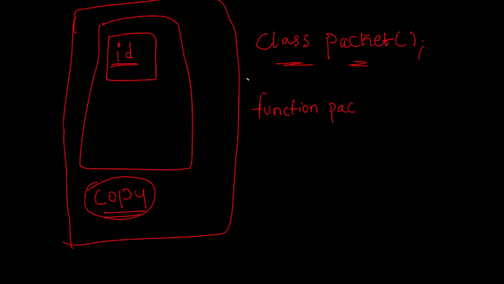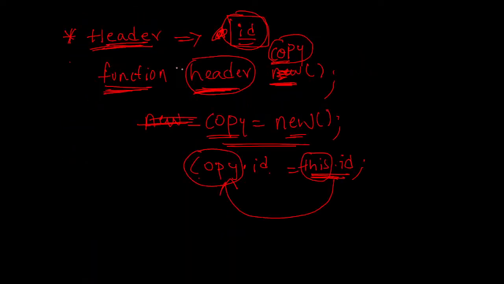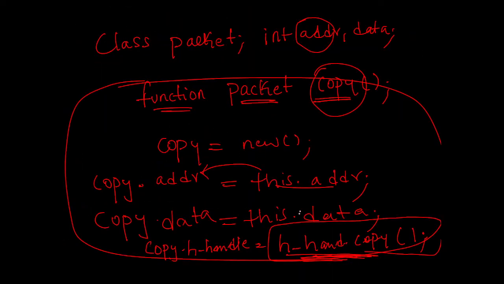Okay, so the object is created. We have discussed it, right? So this method is being called and the object is being created. When we call the method which is present in the header, an object is being created for this, and this object which has been created will be passed to our copy dot h underscore handle.